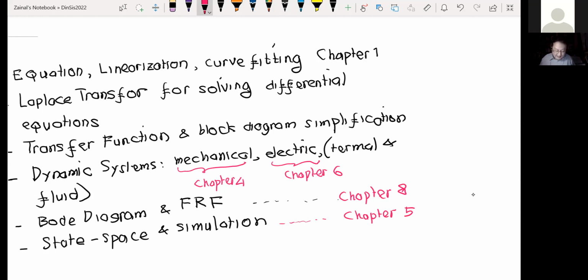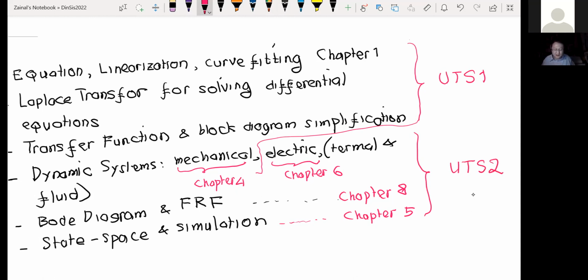Okay, I think this one is the coverage with this one, until mechanical, I think, is the subject of UTS1. This one is UTS2. Any question? Any question?